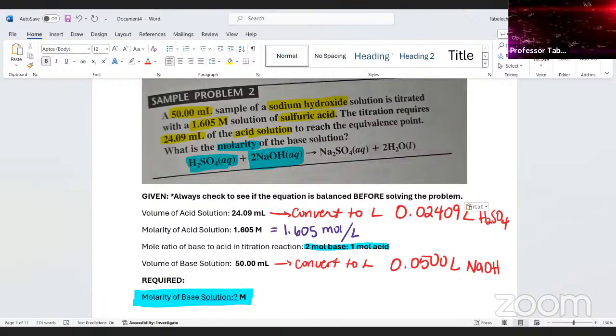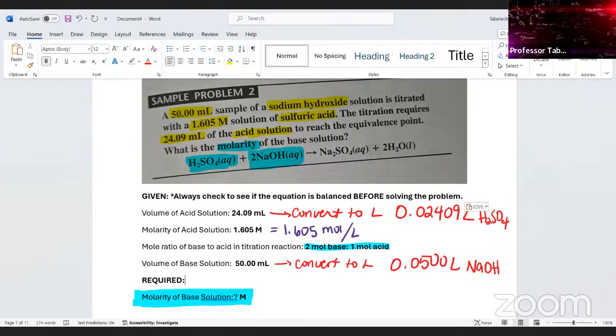Something else that they gave you in the problem, that's why you see that I'm writing that here. There are 5 things you'll need to fill out. The volume of the acid solution, the molarity of the acid solution, then right here, the mole ratio of base to acid in the titration reaction. So what you've got right here is 2 moles of sodium hydroxide to 1 mole of H2SO4, which is the sulfuric acid.